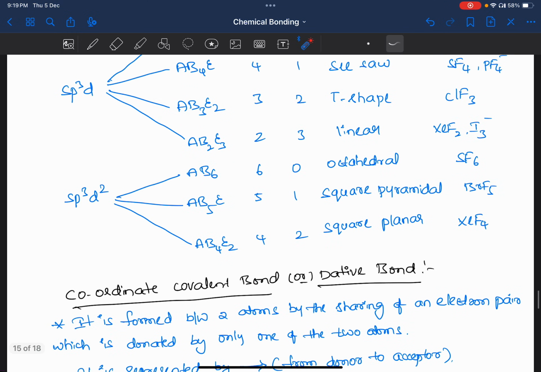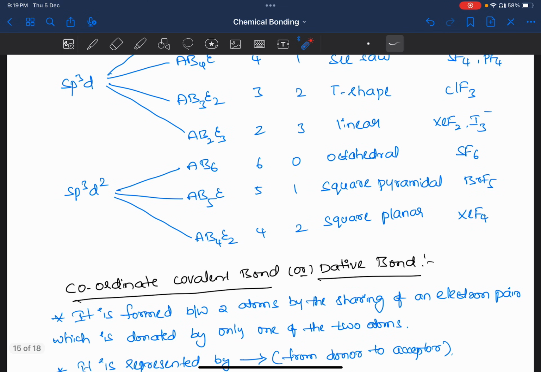And the next case, sp3d2. Here I took different formulas: AB6, AB5E, AB4E2. In all these cases, the central atom exhibits sp3d2 hybridization. The number of bond pairs plus lone pairs is 6 plus 0, 5 plus 1, 4 plus 2, so the total number of electron pairs is 6 only.